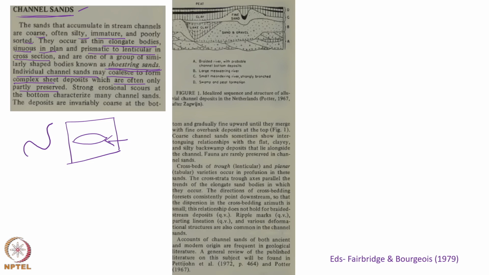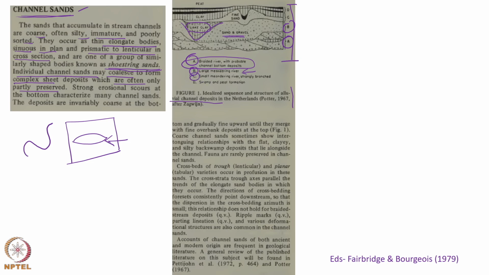Here is an idealized sequence and structures of alluvial channel deposit. The succession of alluvial channel deposits consists of the braided river with probable channel bottom deposits at the bottom shown by A. The second unit from bottom, B, consists of deposits of large meandering rivers, and it consists mainly of sand and gravel, but there can be pockets of lake clay deposits.